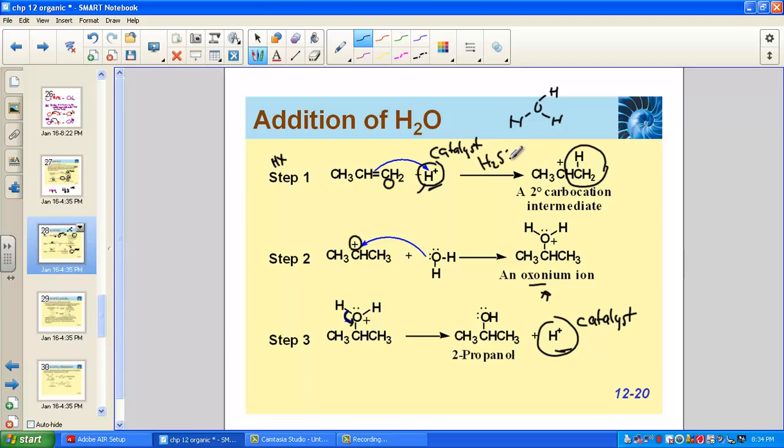The addition of water requires a catalyst to initiate the reaction. The catalyst hydrogen is the hydrogen that gets attached first, and then it's released at the end, giving us 2-propanol. The catalyst initiates the reaction and lets go of the hydrogen to create our molecule of 2-propanol.